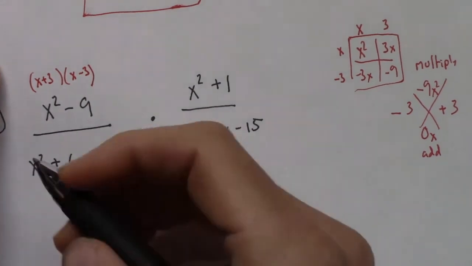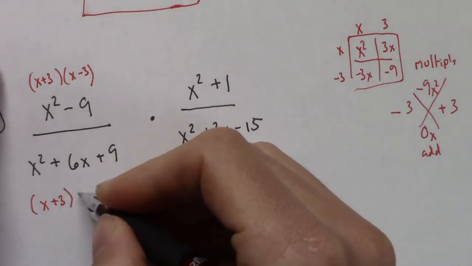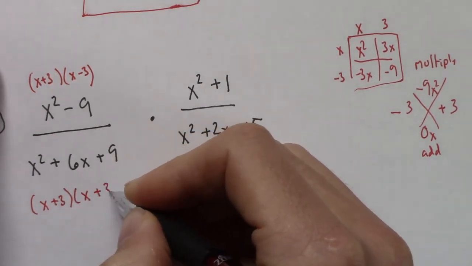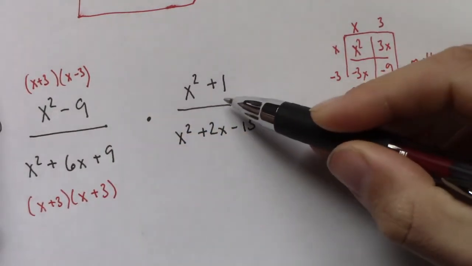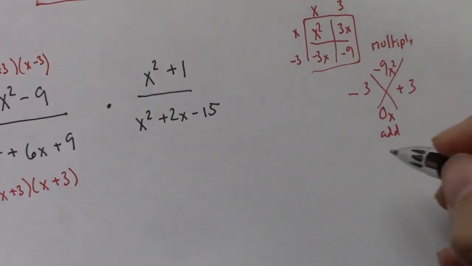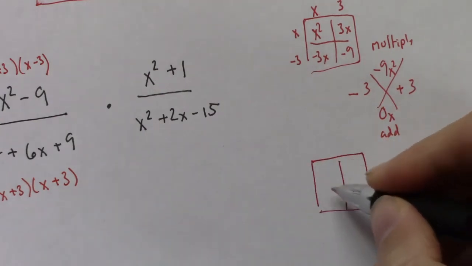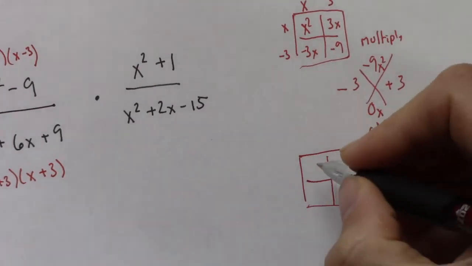Going down the list right here, x squared plus 6x plus 9, we already did that up above, so I'm going to write x plus 3 twice. X squared plus 1 is kind of interesting. Let's suppose for a second that we came over here, not sure what to do, so we're trying to spread it out.